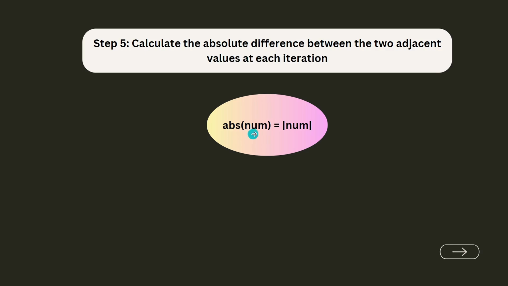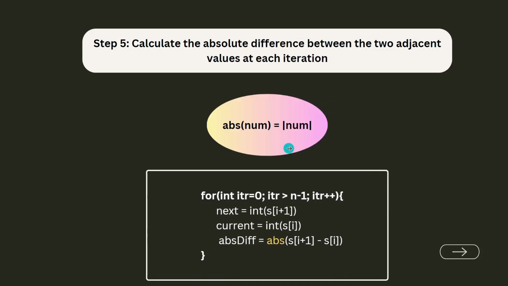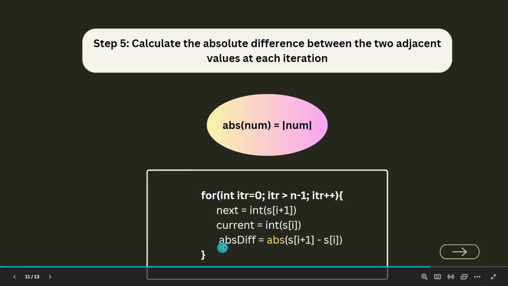This absolute method basically takes a variable and returns the absolute value of that particular integer. Now, in my approach, in the for loop, I will calculate the absolute difference like this by using this absolute function and calculating the difference between the next and the current character.